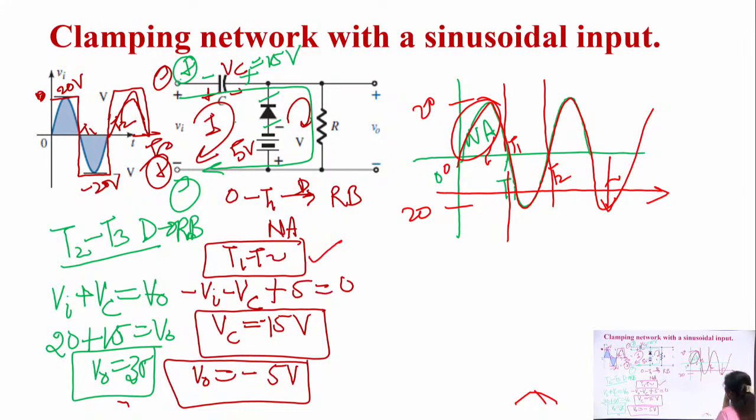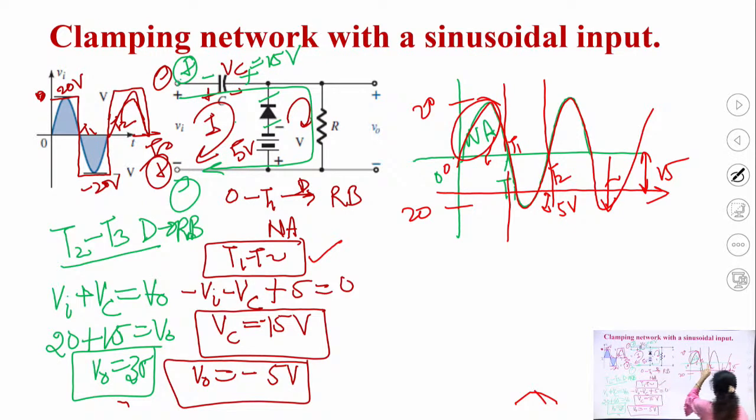Here you can see, if this is 20 and this is 15, then this must be 5 volt only. And in the time period T2 to T3, what is the value? It is plus 35. Here you can see this is 20 and this is 15, so the net value is plus 35.